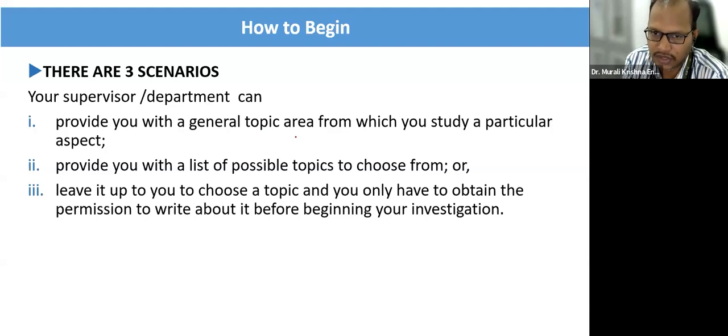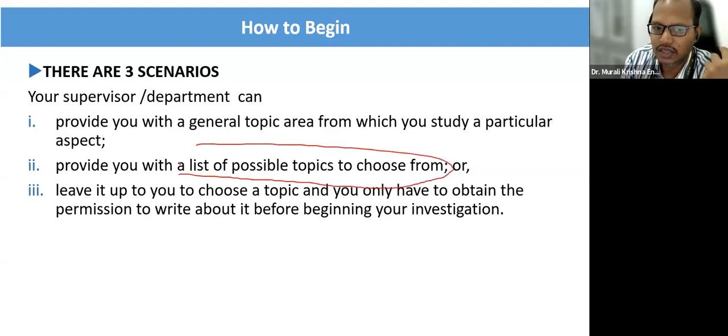That is one scenario: the supervisor gives the area, you read it and come up with problems. Or either the department or the supervisor gives a list of possible topics, say 10 topics, and you choose one of them. That is another scenario.